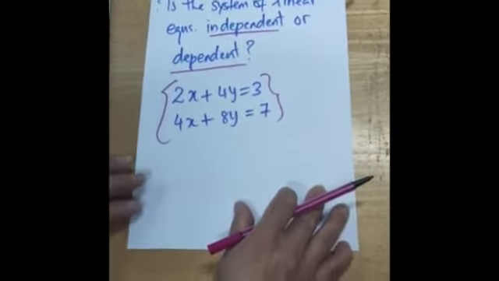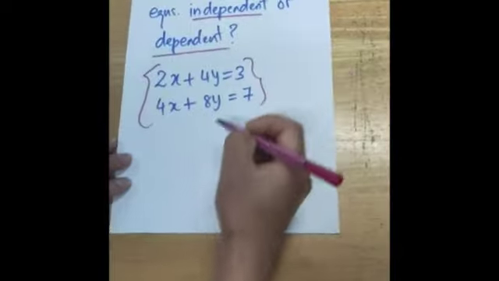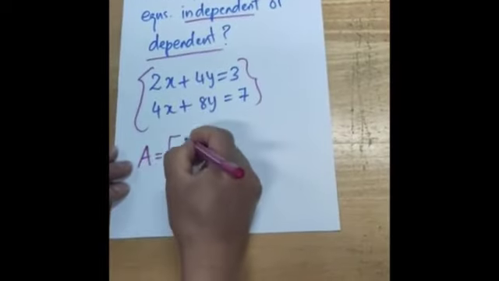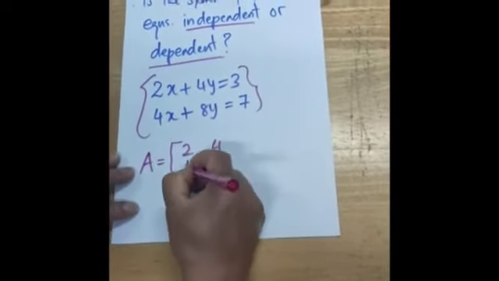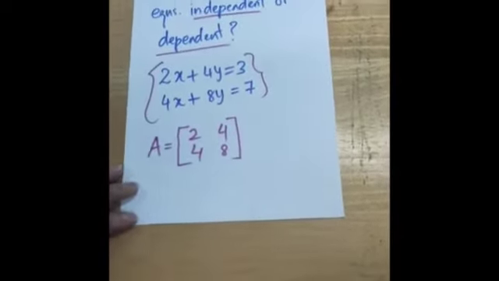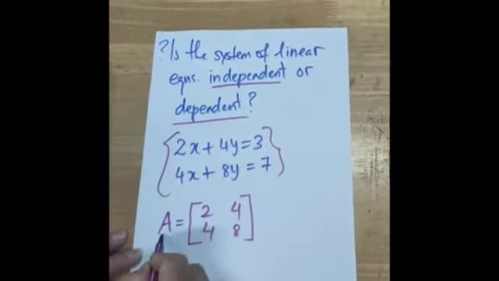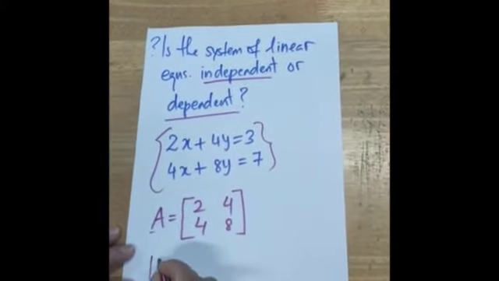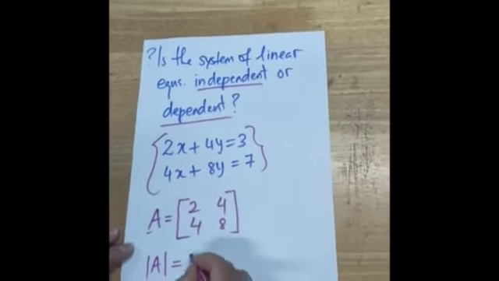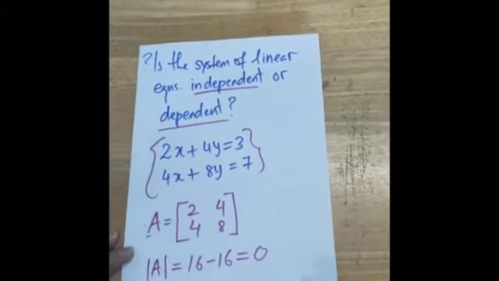The first step in determining whether the system is independent or dependent is to get the coefficient matrix A, which is 2, 4, 4, 8. The next step is to check the determinant of this coefficient matrix A, which is 16 minus 16, which is equal to 0.